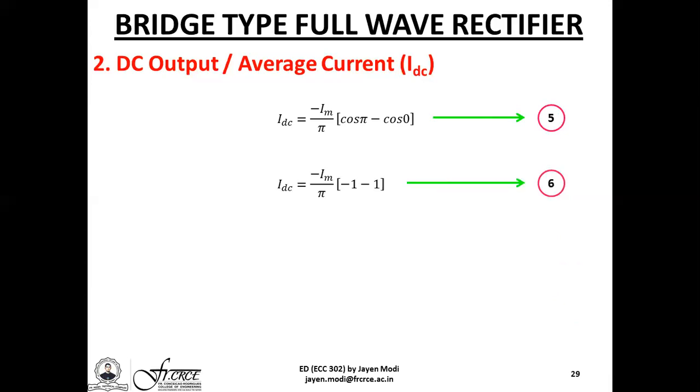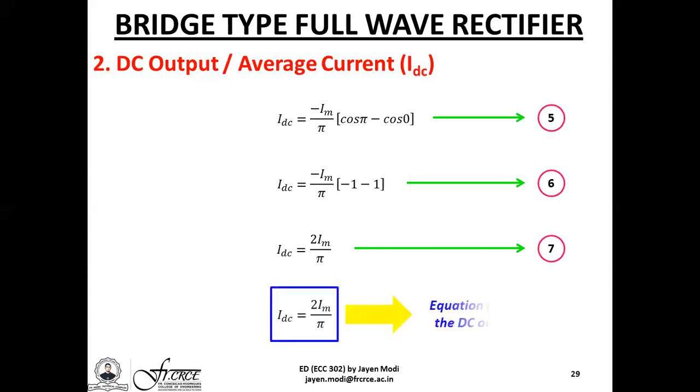We have IDC is equal to minus Im upon pi, brackets open, minus 1, because cos of pi is minus 1, and cos of 0 is 1. You finally come down to equation number 7, which gives you IDC is equal to twice Im upon pi. Since this cannot be solved further, the mathematical expression for the DC or the average output current is IDC is equal to twice Im upon pi.